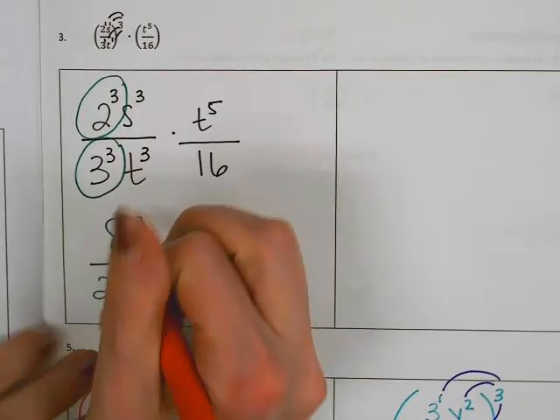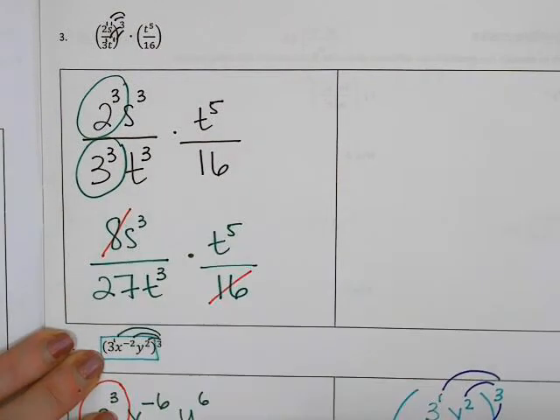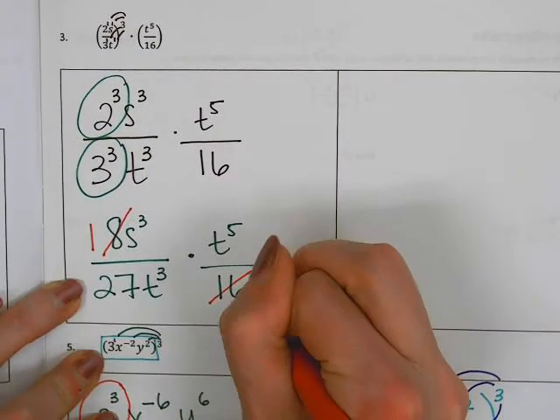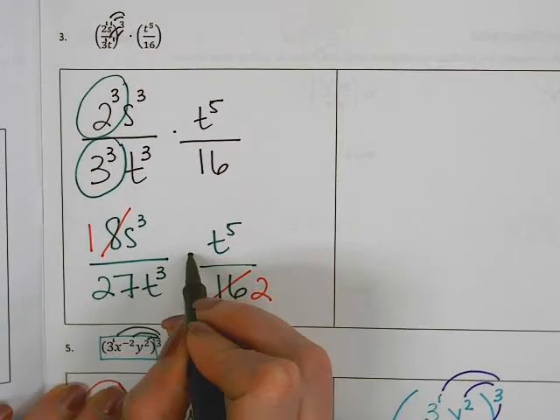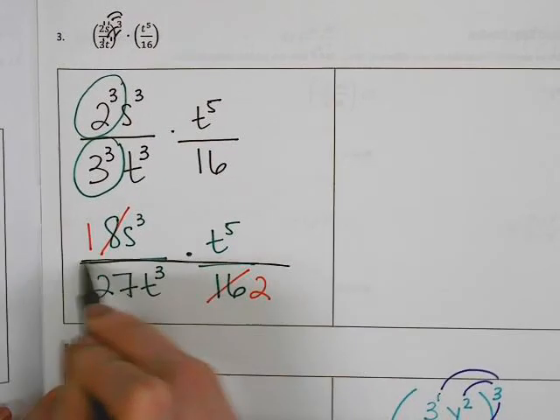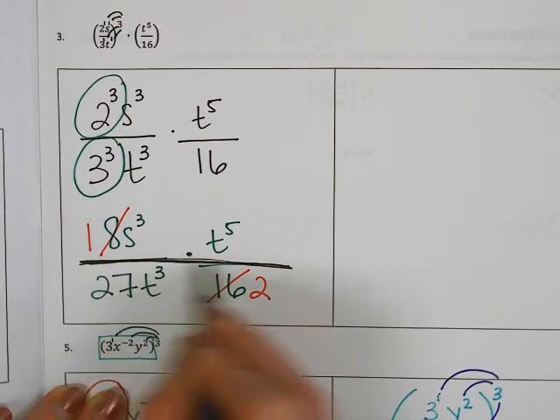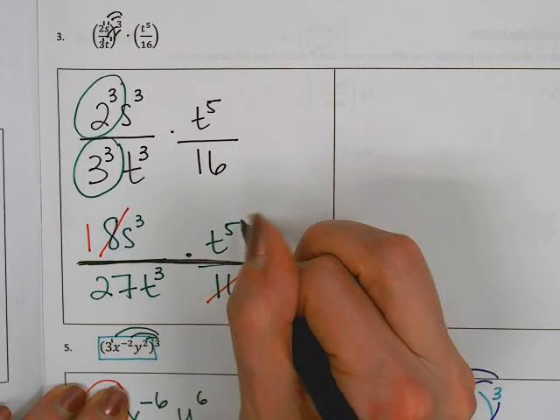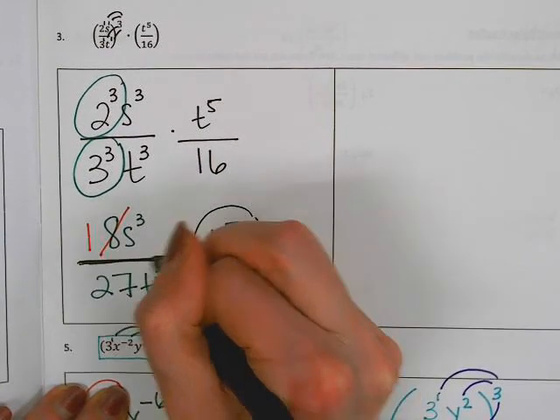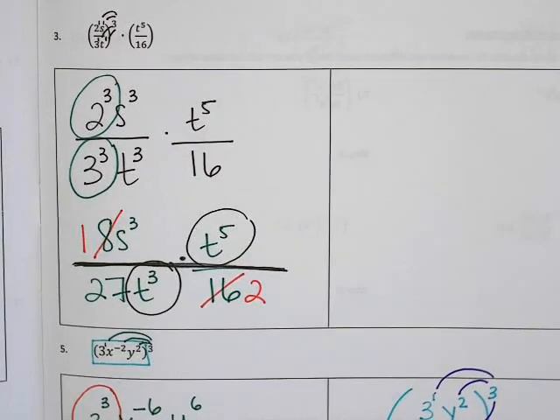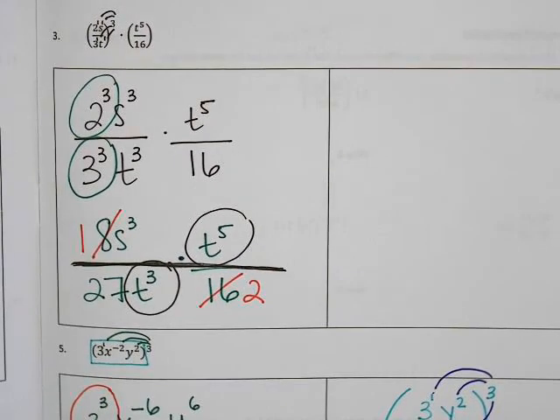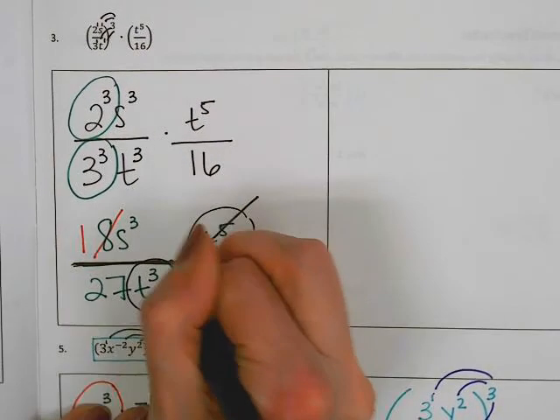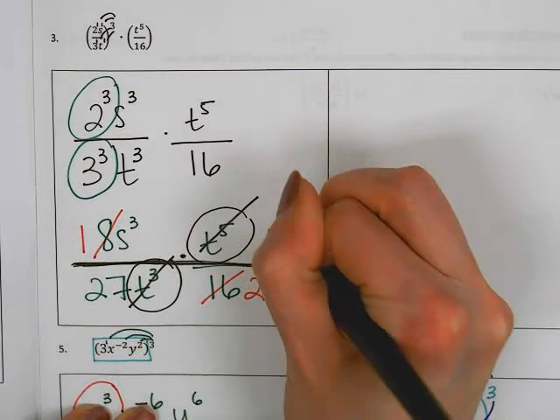So like 8 over 16 reduces to 1/2. And then whenever you guys are multiplying, you could just extend the fraction bar. And then the rule says if you're dividing same bases, you subtract. So 5 minus 3 is 2. Okay, so these also reduce and become t2.